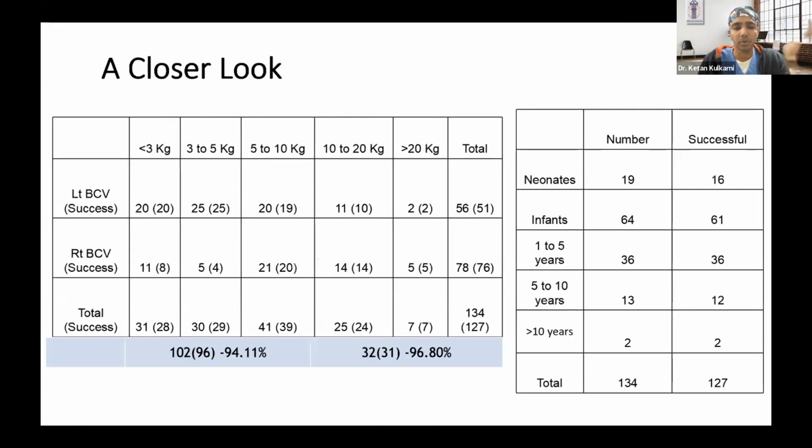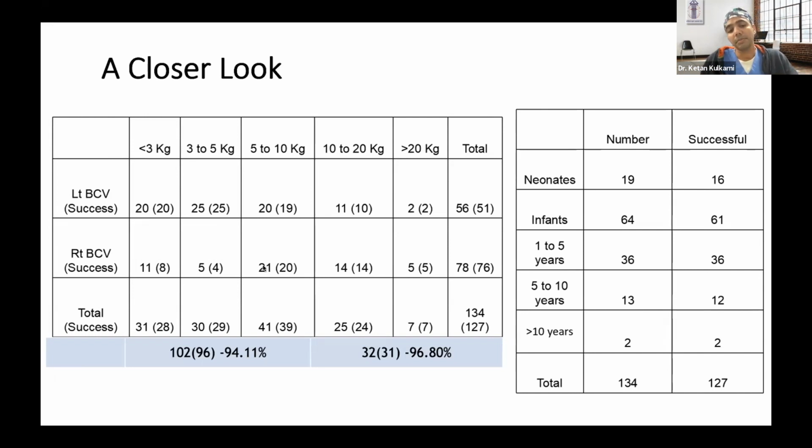When we took a closer look, again, the smaller ones, we had more problems in putting the line in. It might be because of the varied experience of the anesthetists who were putting the line. KEM being a teaching institute, we had anesthesiologists putting the line right from first year of anesthesia to people who have finished DM, and then at the professor level as well.